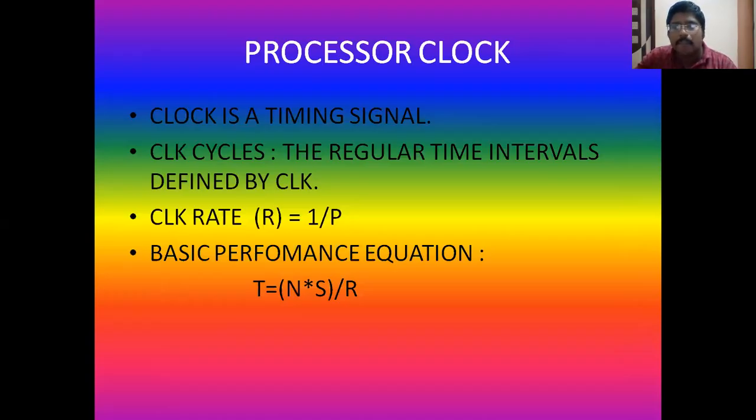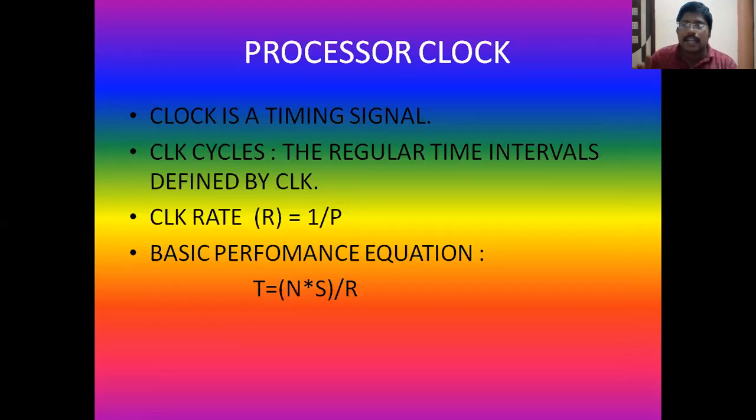What is meant by time period? The time taken for executing a single cycle. The time taken for one complete cycle is called the time period. So if the time period is less, that means in a given time it can perform multiple operations.